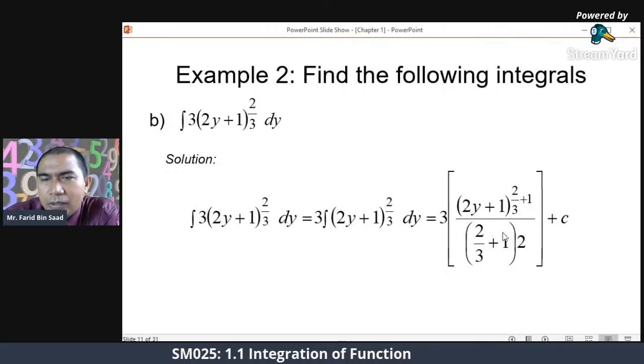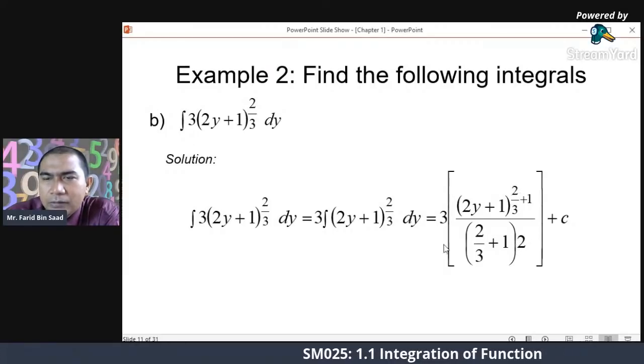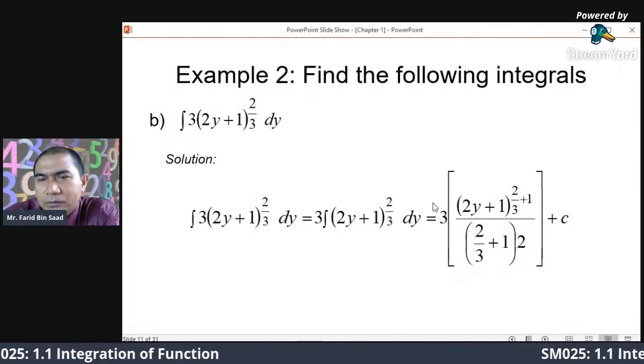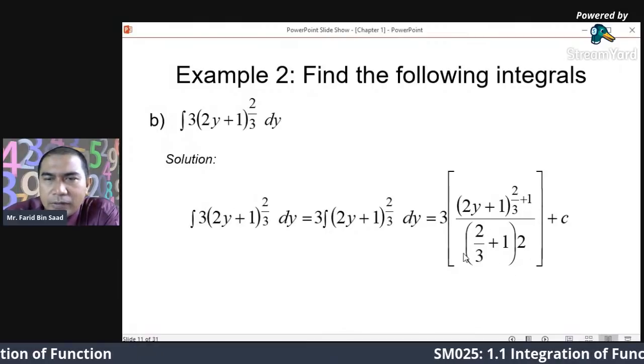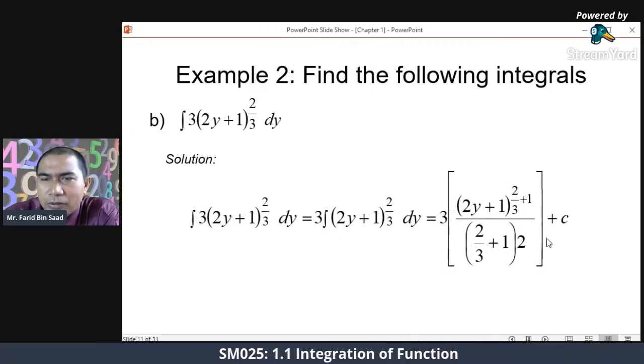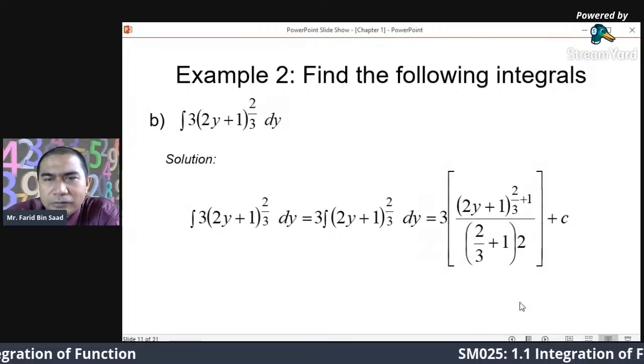And then don't forget to differentiate 2y plus 1, so we get 2 here. So you can simplify this one, and then don't forget to put c. So I think this is the final answer for this PowerPoint. Okay, so please simplify this one. Okay, next.